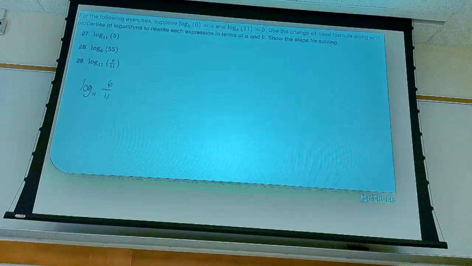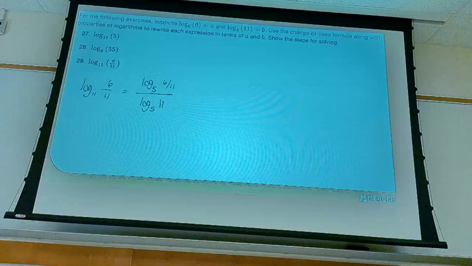Log base 11 of 6/11ths. Again, you want base 5, right? Because that's what they gave us. So use the change of base formula.